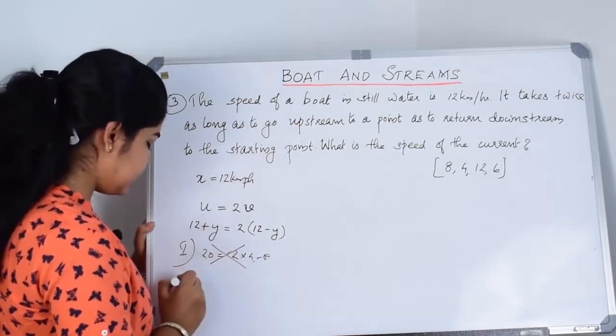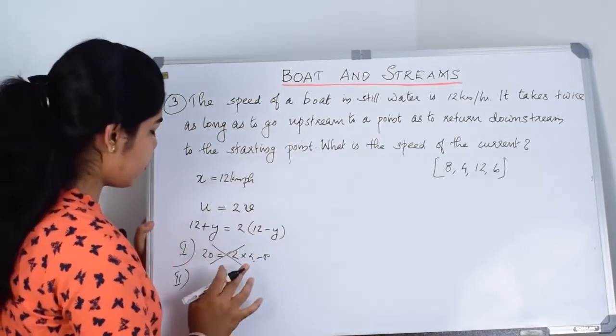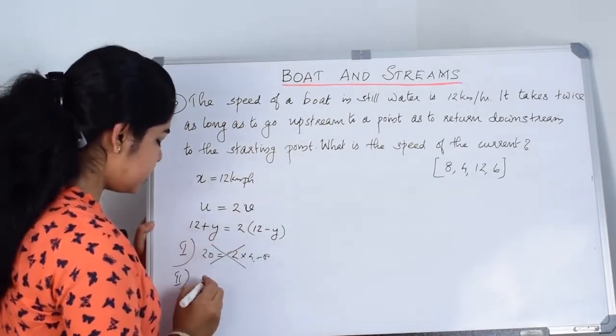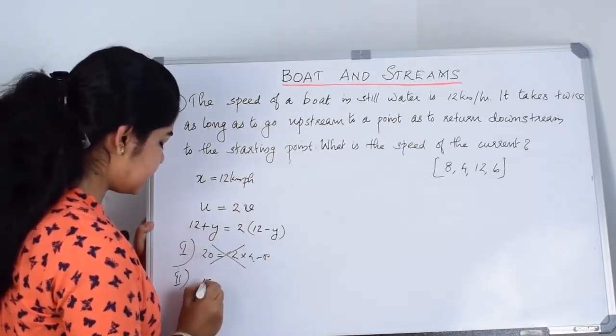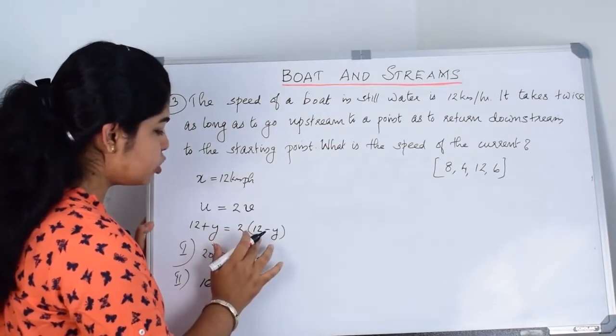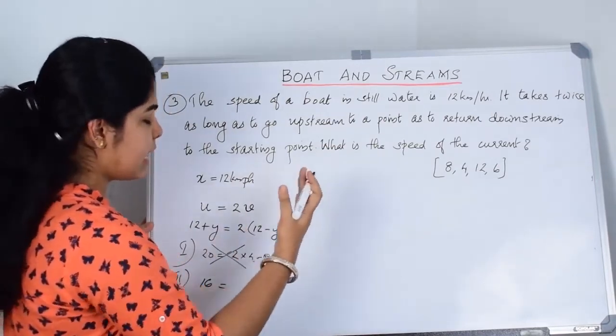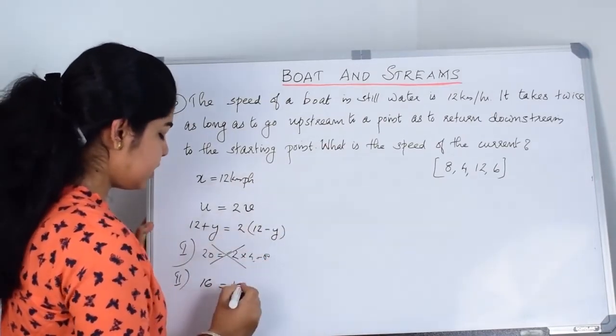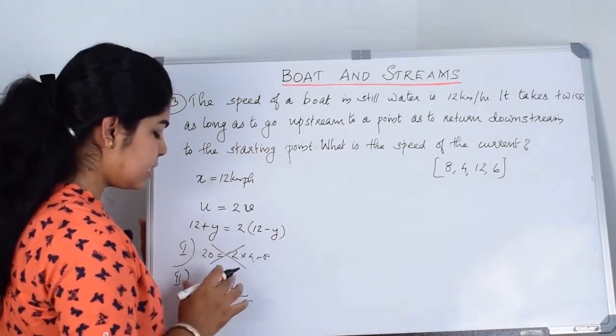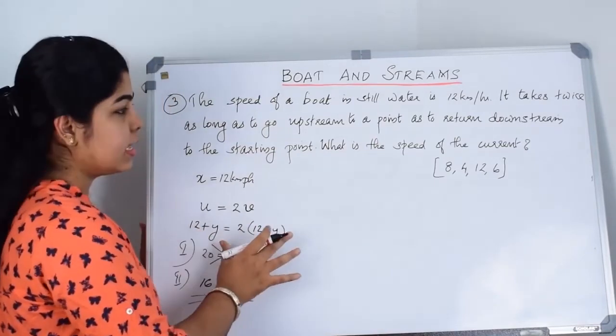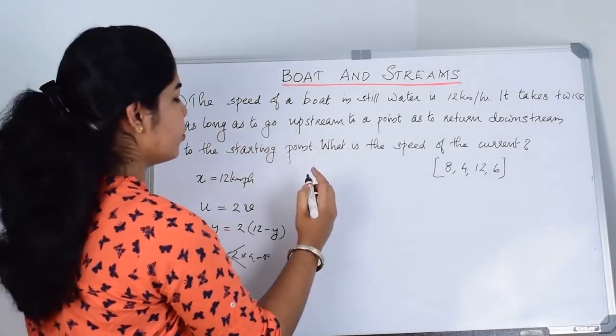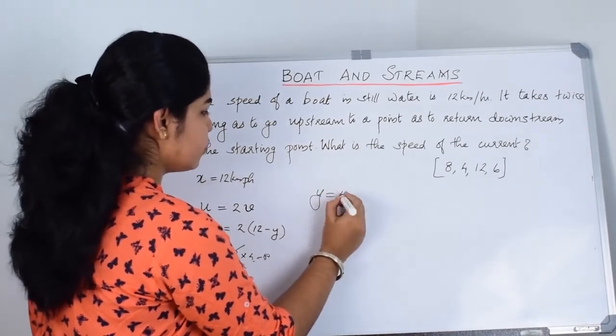So I am taking the second case, that is 4. So 12 plus 4 is 16. Then 12 minus 4 is 8. So 8 into 2 is 16. So the second case will satisfy this equation, that is our answer is 4. Y is equal to 4.